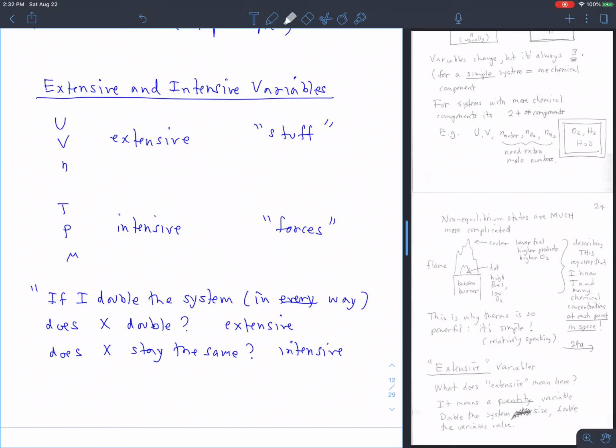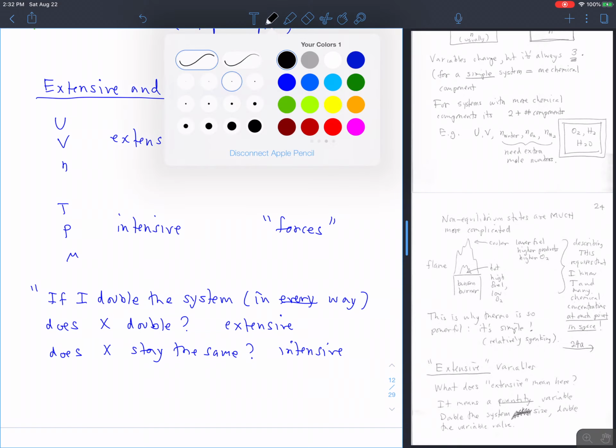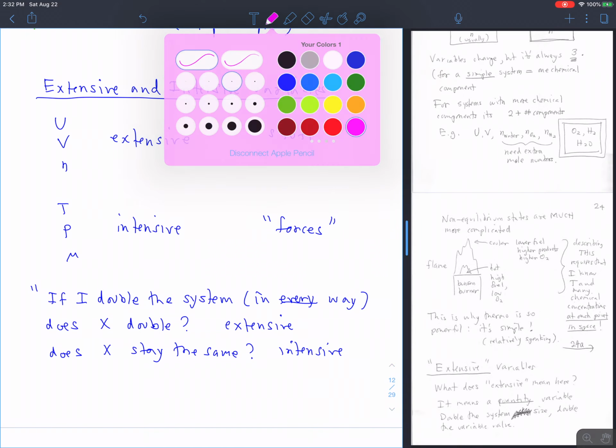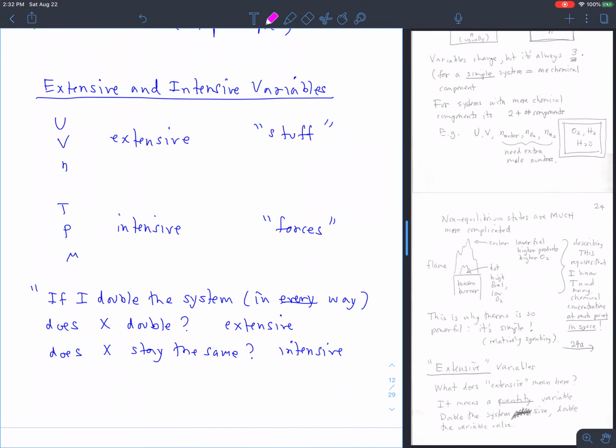Okay, we've covered most of the first half of the extended first law now, and we're ready to begin looking at the second half, the part that has to do with heat and work. But before we do that, there's one more topic that we need to look at, and that's this thing called extensive and intensive variables.